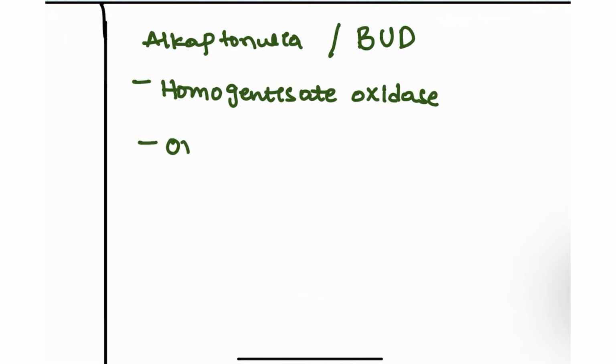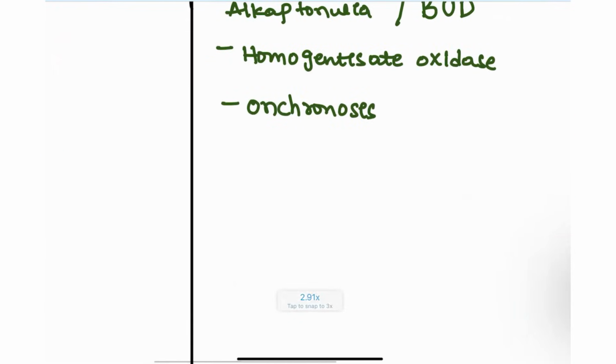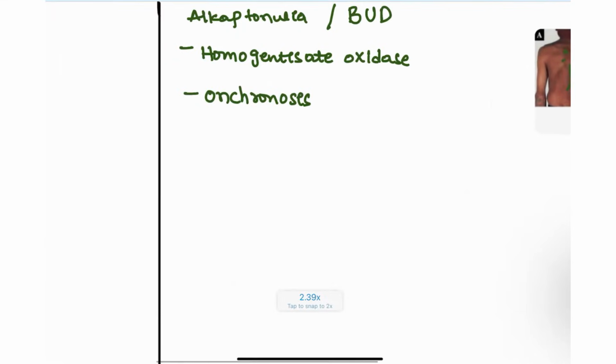Ochronosis is the other name, where the black pigmentation is deposited in the spine, knee, and bone regions, on the cornea, and also on the ear tragus and pinnae. When the urine is exposed to oxygen, it will turn black. For this patient, there is a high chance of damage to the knee and spine. We have to treat the underlying cause for this patient.